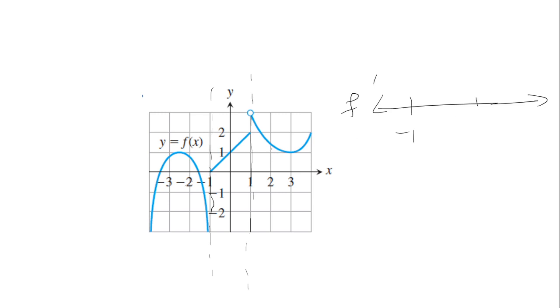Or not, 1 is, sorry, not an asymptote, it's a jump discontinuity. And at negative 2.5, it's 0. And then at 3, it's 0 as well. And it's increasing, decreasing, and then it's just alternating.